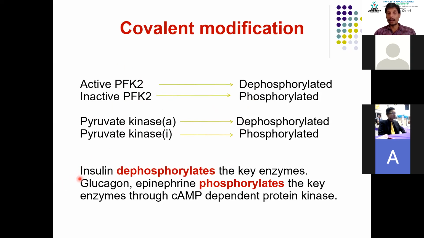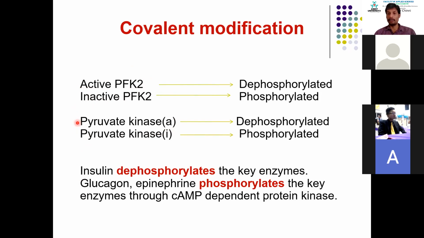You understand now what happens to glucose? It is a signaling pathway. Insulin maybe does not directly dephosphorylate, but a sequence of dephosphorylations occurs once insulin binds to the cell surface receptor. Then a sequence of modifications occurs. Finally, phosphofructokinase and pyruvate kinase get dephosphorylated.